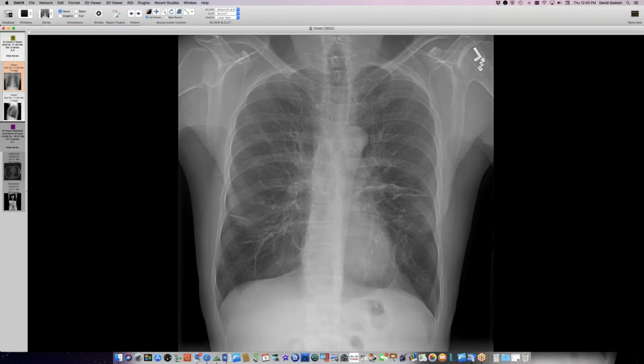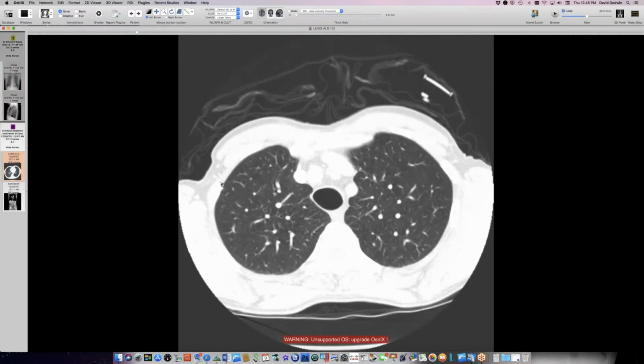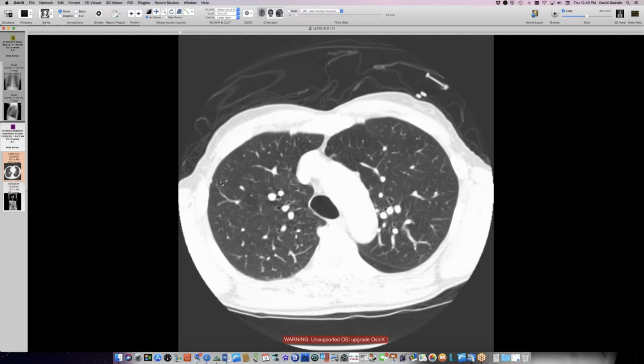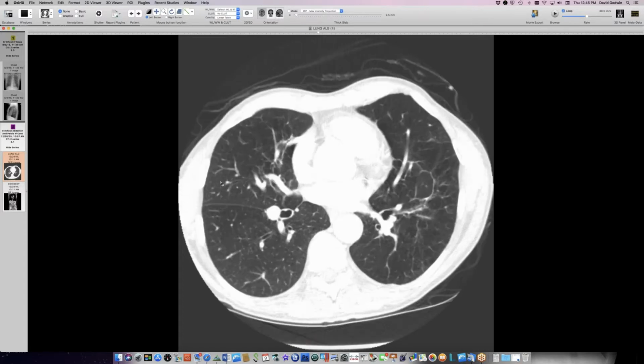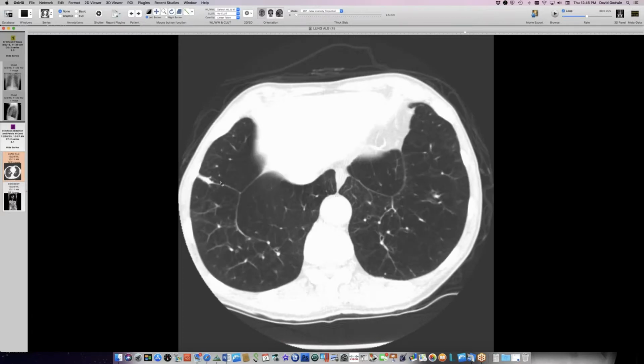And on CT, pretty modest upper lung emphysema, and then really striking basal emphysema here on both sides.